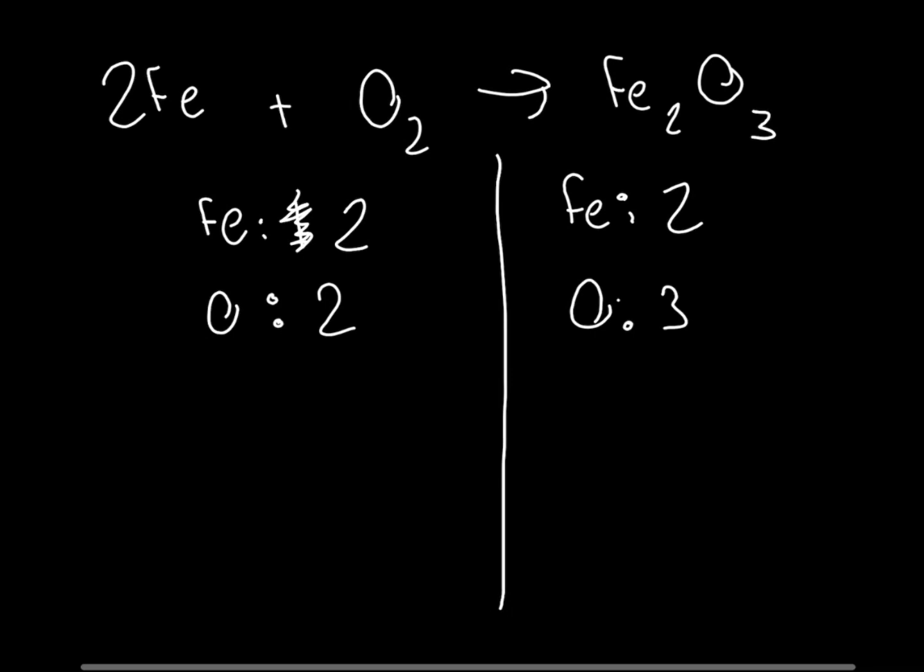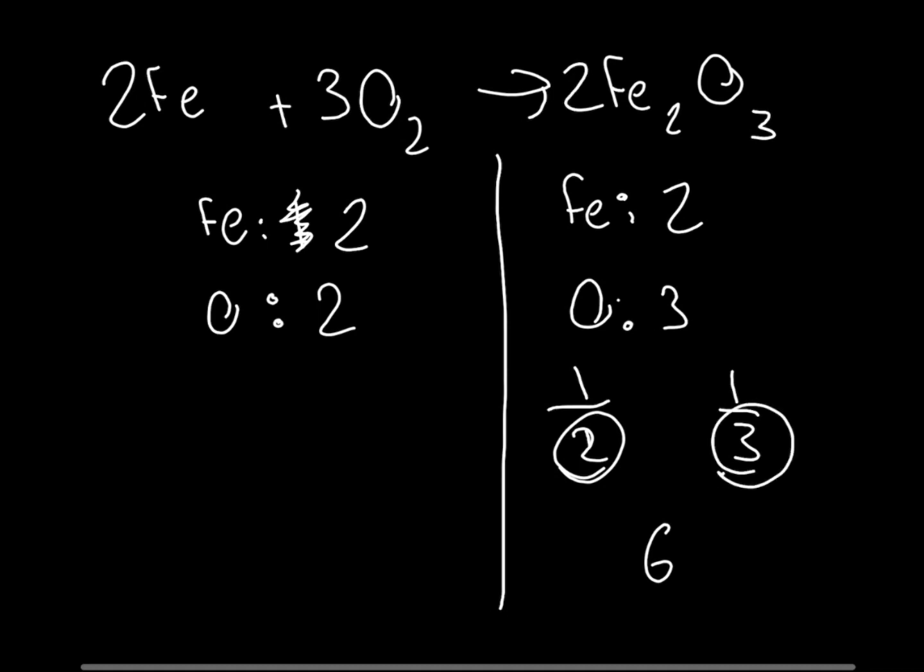Well, the common denominator, you can think about it, if you were to have like 1 over 2 and 1 over 3, your common denominator is going to be 6. So on this side, we're going to multiply by 3. And this side, we're going to multiply by 2.